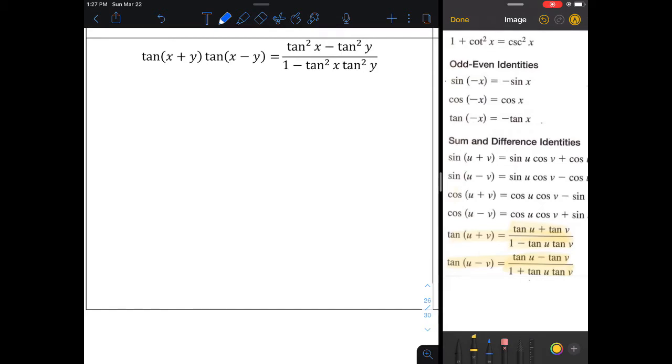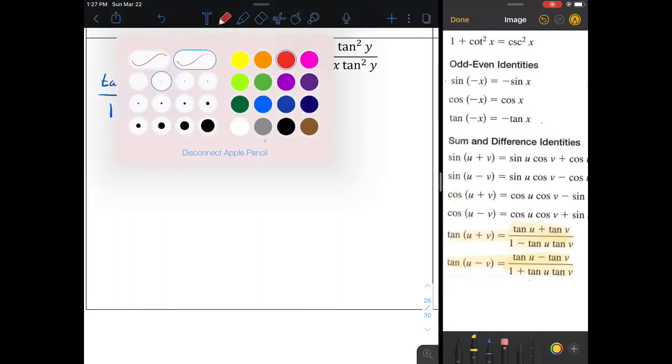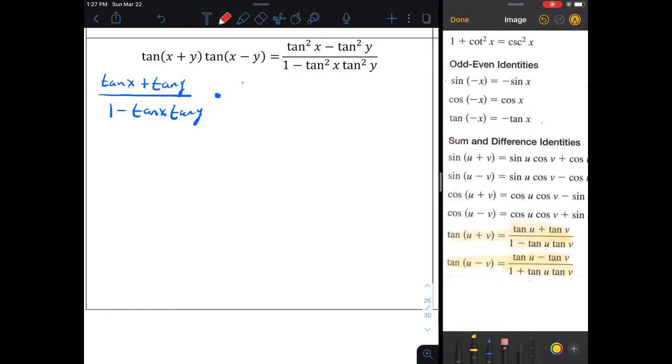So tangent of x plus y is going to become tangent of x plus tangent of y divided by 1 minus tan x tangent y. And we're going to multiply that to tangent of a difference, which would be tangent x minus tangent y over 1 plus tan x tan y.